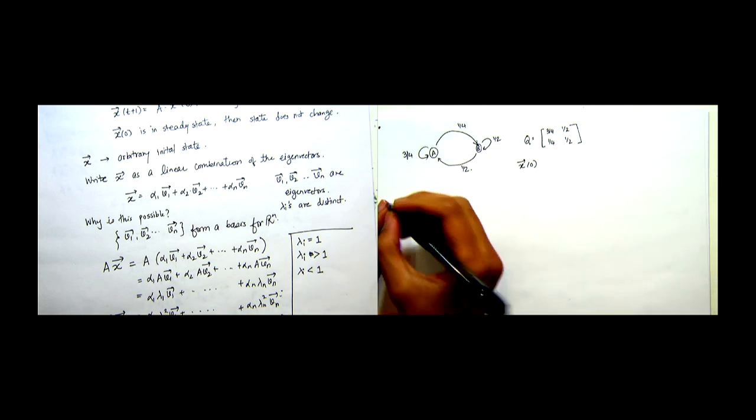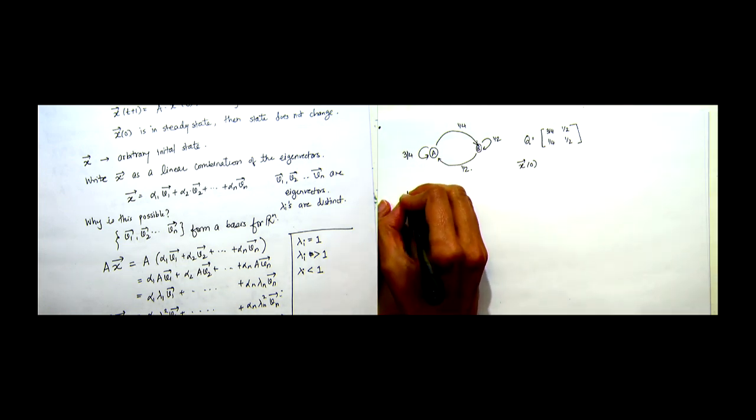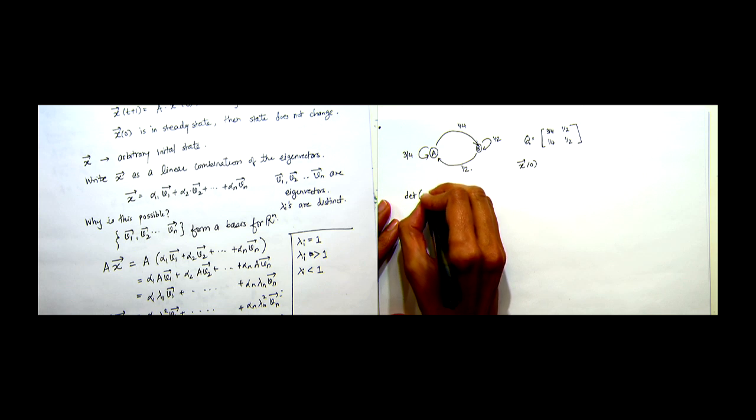We want to find the eigenvalues and the eigenvectors. So let's do that. For that, we want to look at the determinant of Q minus lambda I. You must have done a lot of these examples in discussion yesterday, so hopefully that helps.